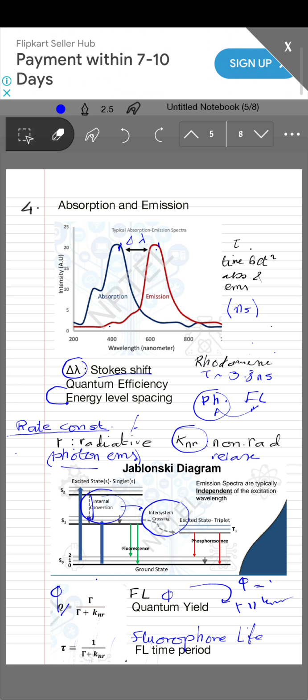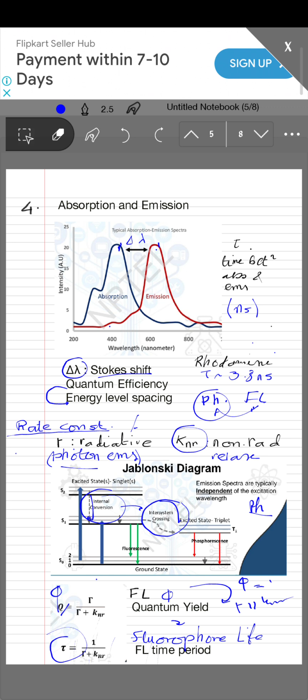However, if the internal processes increase, automatically this phi value becomes less than 1. Now there is a lifetime of the fluorescence process, and it's called fluorophore life, for how much time this will be there. Now this is what increases as the internal crossing takes place. That means the phosphorescence, although it is called fluorophore life, it also holds for phosphorescence. It is much higher than fluorescence.